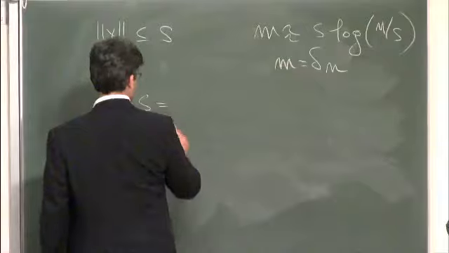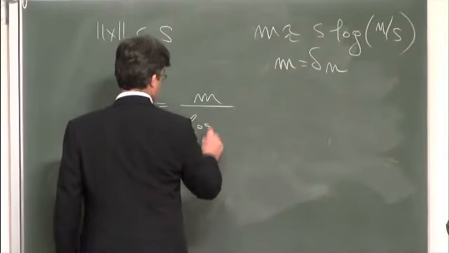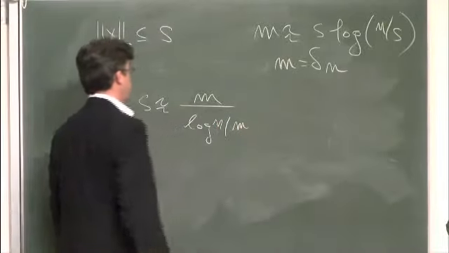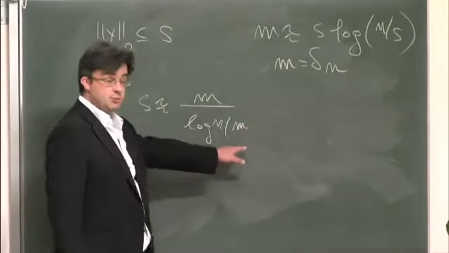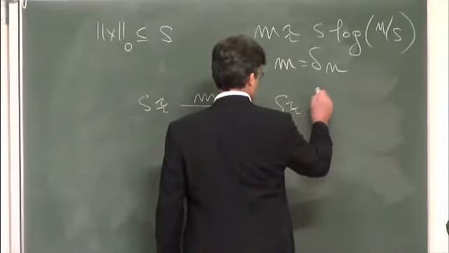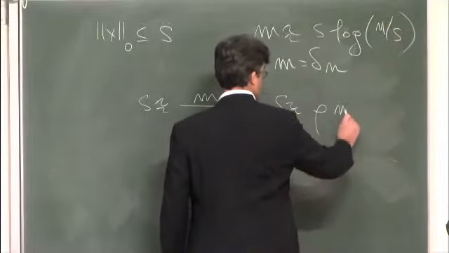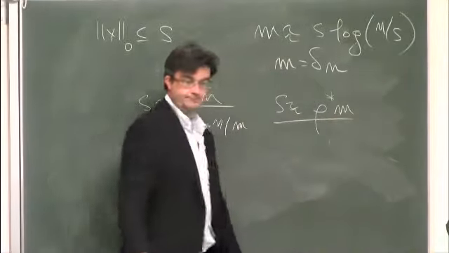So another way to say this is that S is on the order of m over log n over m. Okay, but if m grows linearly with n, log n over m becomes a constant. And so that says that S can be proportional to the number of measurements. The question is, what is this constant of proportionality?